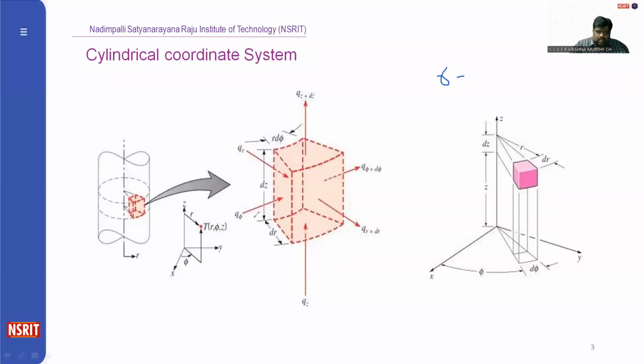We have three directions. On the left side, we are giving some amount of heat.